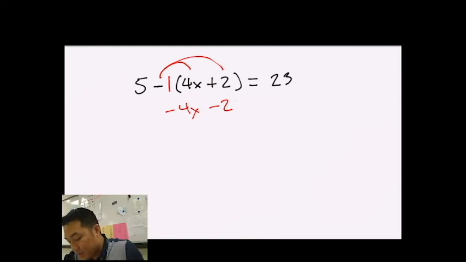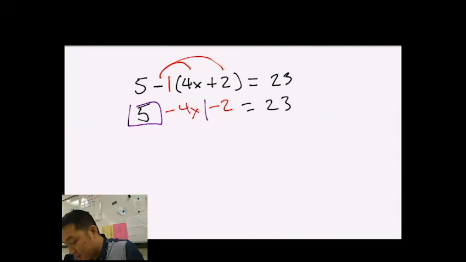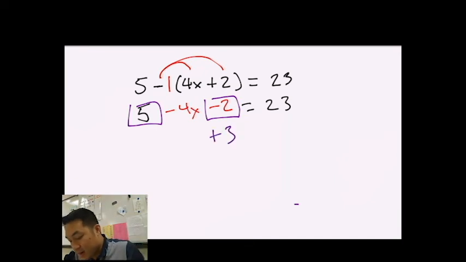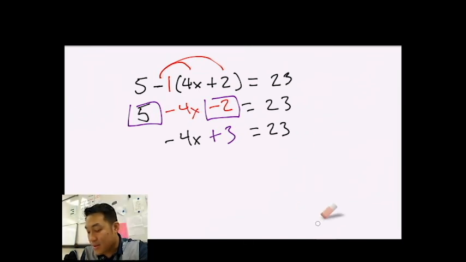Okay, and bring down the rest. 5, 23. Alright, looks like I have like terms to also combine. Okay, I see there's a 5 here, negative 2 here. Let's combine those. 5 plus negative 2 is a positive 3. If I bring down the rest. Okay, and then now we're at a problem where we can start solving like normal.